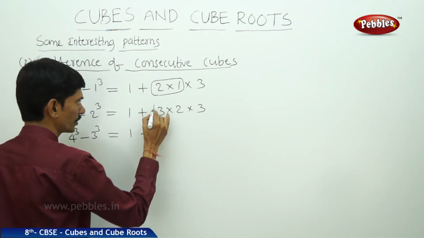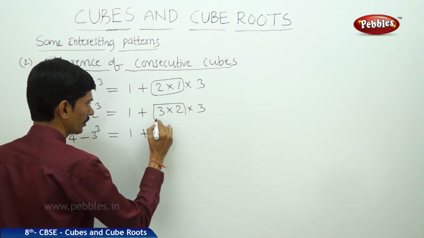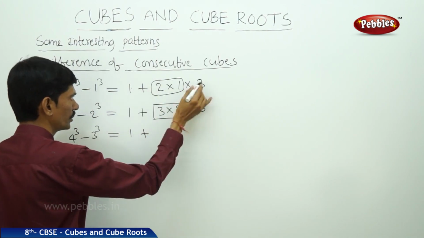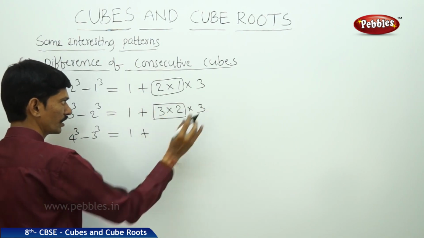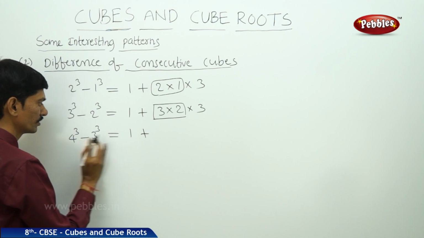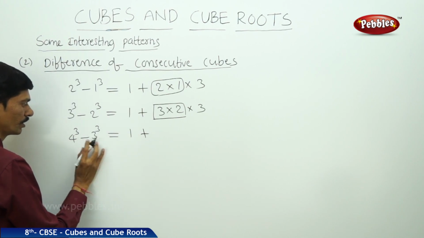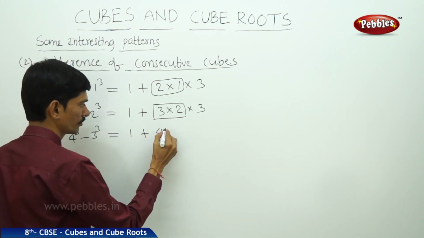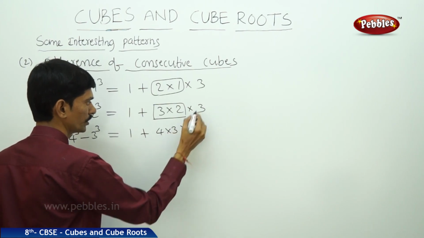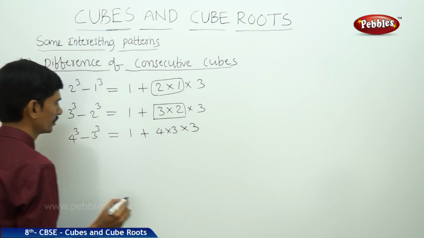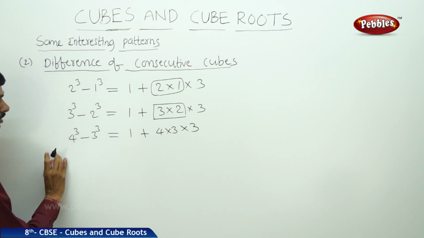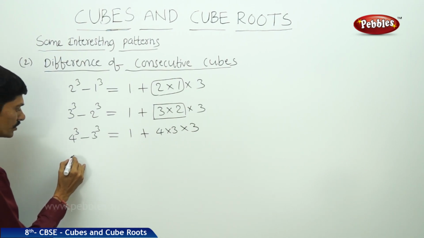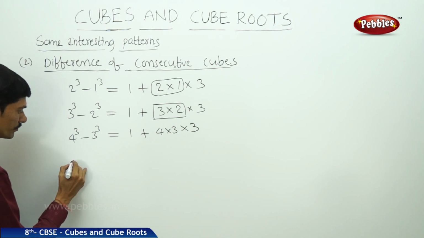So here also you can observe that 3 2 and 1 3 are the same in every step. So here also 1 plus, we can write the product of these two numbers, 4 into 3 into 3 is the same. Next, in the same way we can write the difference of any two consecutive cubes, like 7 cube minus 6 cube.